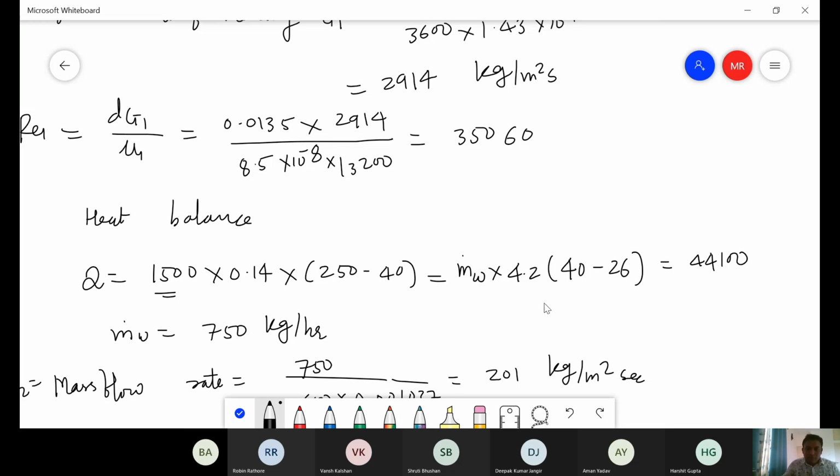So C P is given as, let's look at the unit of C P. Per kg is there, so that kg will get cancelled out, and this will be kilojoule per hour.